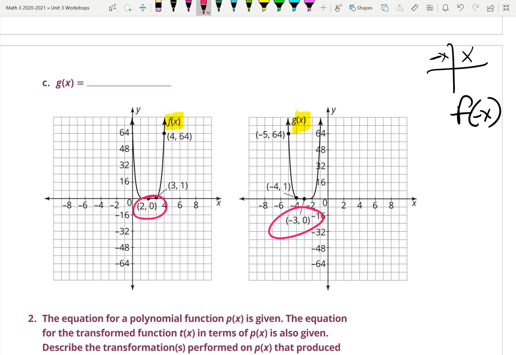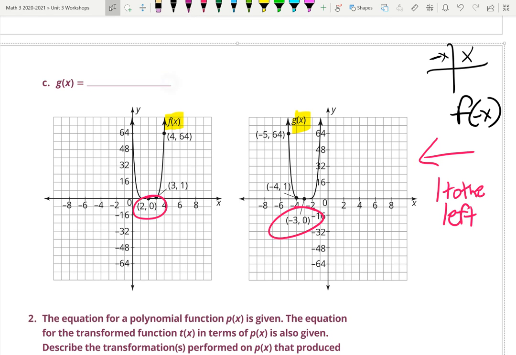It's supposed to be negative 2 when it's reflected. So that means that the graph was moved 1 to the left. Now I have to figure out, okay, I know it's going to be an x change. So it's going to be on the inside. So my function is going to transform by the following. f of negative x minus 1.